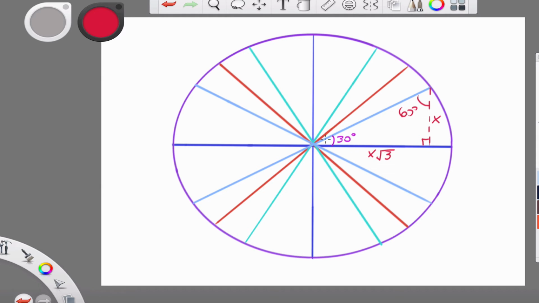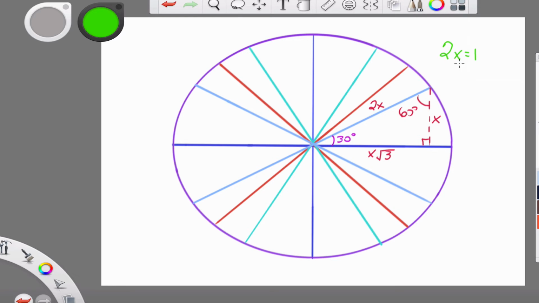And we know that the hypotenuse, this light blue color here of the triangle, will be 2x. Because I know this is a unit circle, the hypotenuse must be 1 because it is a radius of the unit circle. Therefore, we have 2x equals 1 because the length of the hypotenuse is 2x, and it's also 1 because it is a radius of the unit circle.